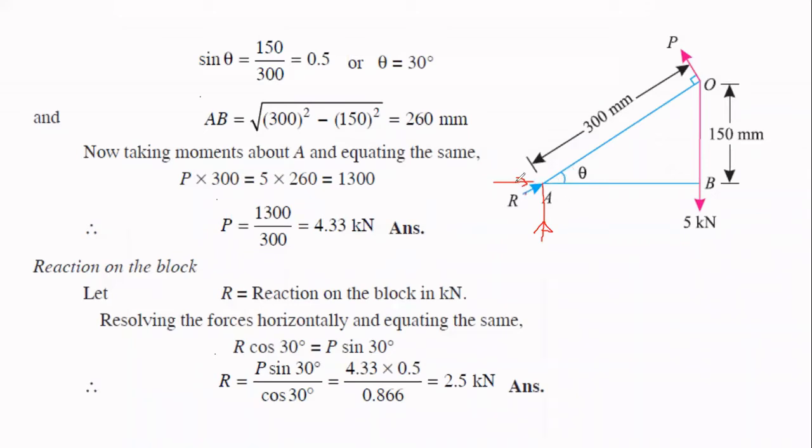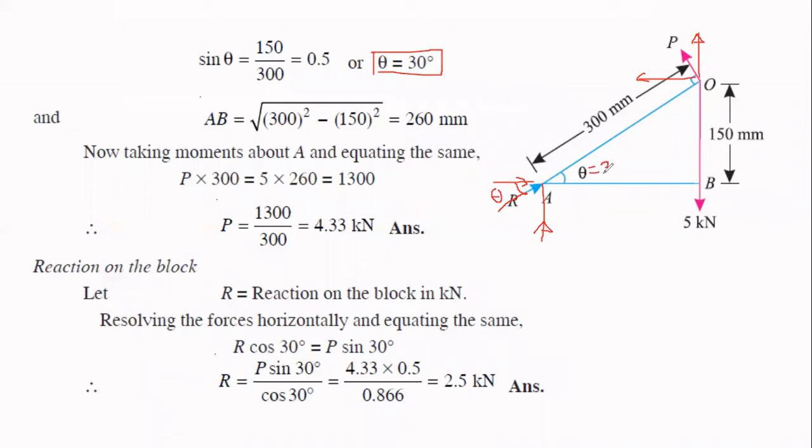Now here this angle and this angle will be equal because these are the opposite angles. Now similarly resolve this force also, vertical as well as in horizontal. Now if you see here, this angle we have found out, theta is 30.